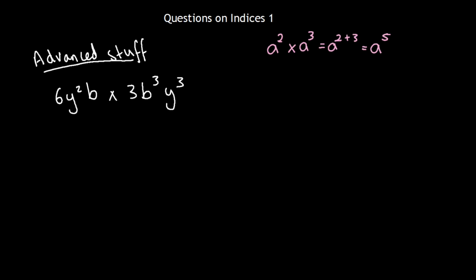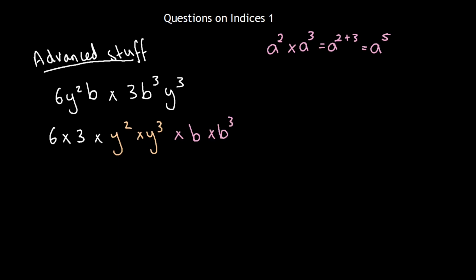But by all means, you will see some negatives in normal textbooks and exam papers, so you're just going to have to learn your negatives. So the way we go about it is we break things up. So I'm going to have my 6 times 3 here, and then I'm going to have my y squared times y cubed here, and then I'm going to have my b's at the end. So I'm going to have times b cubed.